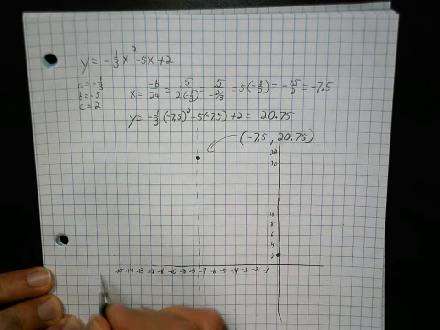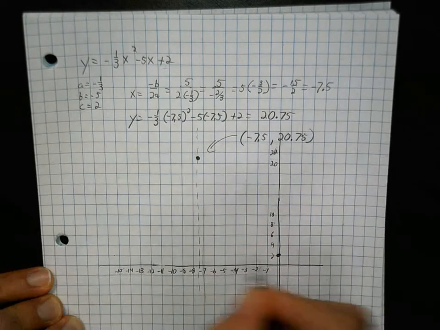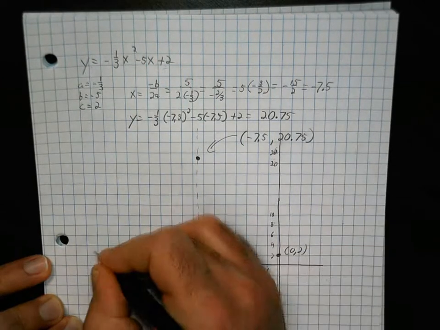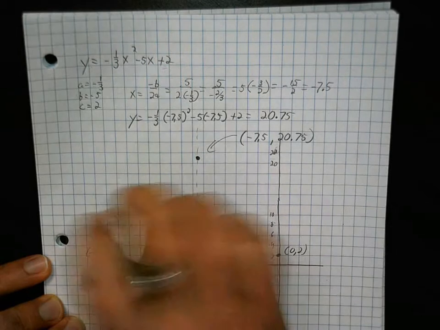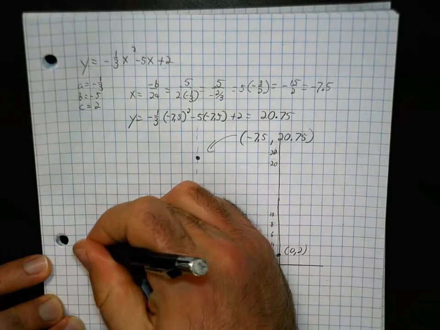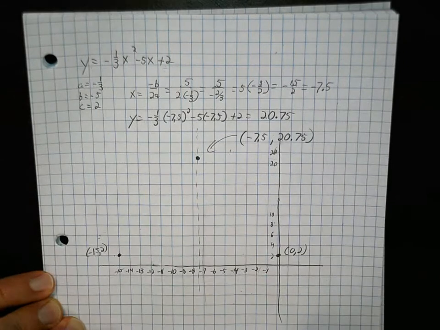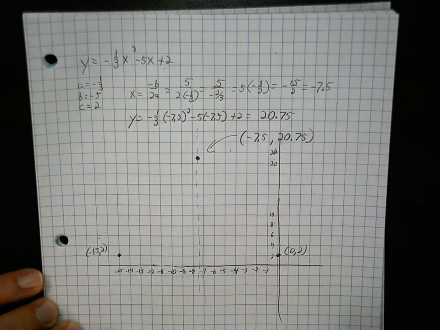Right here. So this is 0, 2. This is negative 15, 2. So there's 2 points.